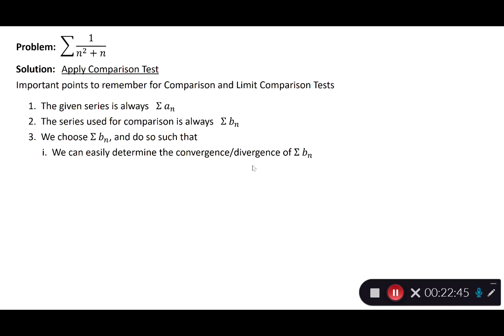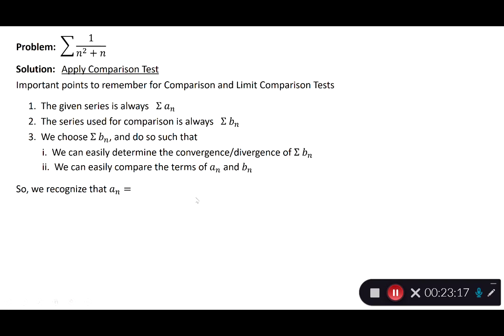If you cannot figure out the convergence or divergence of a sigma b sub n, then do not pick such a sigma b sub n. Cool. And then, we should be able to fairly easily compare the terms of a sub n and b sub n. 1 over n square plus n, whatever b sub n we pick, we should be able to easily compare that. Okay?